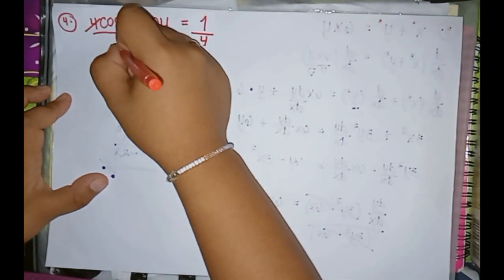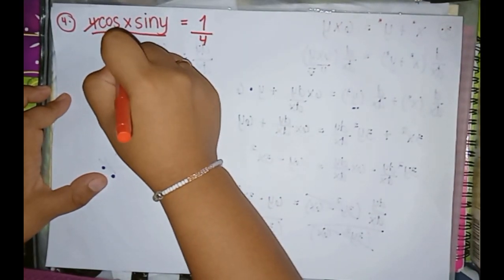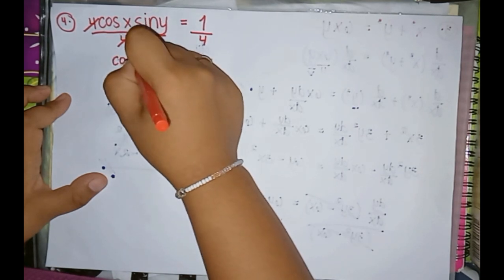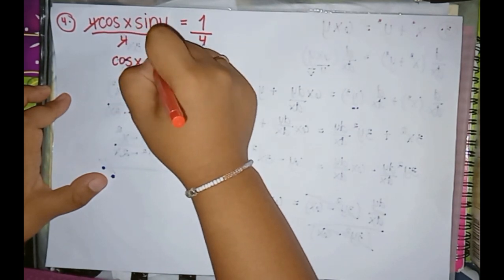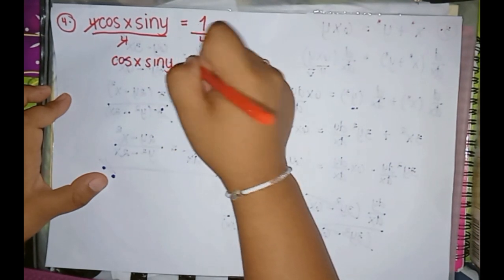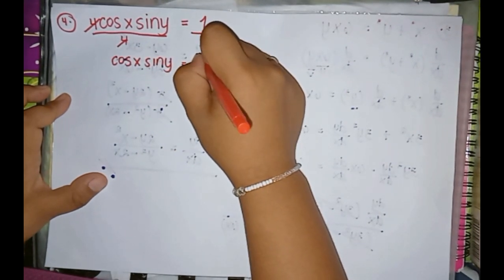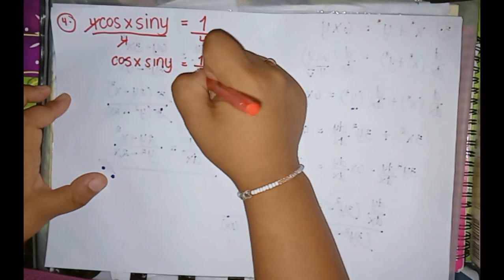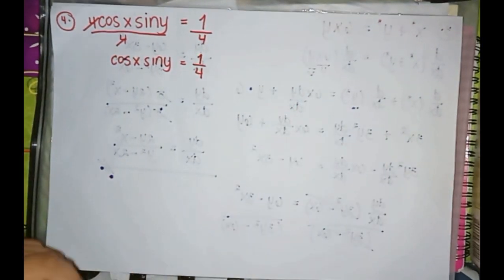So let's cancel 4 on that side. So we are now left with a much simpler equation. We have cosine of x sine y is equal to 1/4. So right now, let's proceed with getting the derivative of both sides, which we always do.